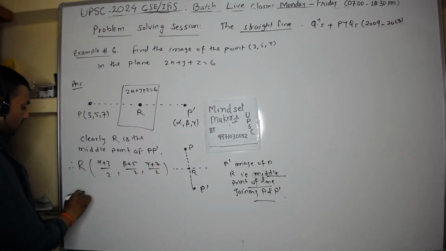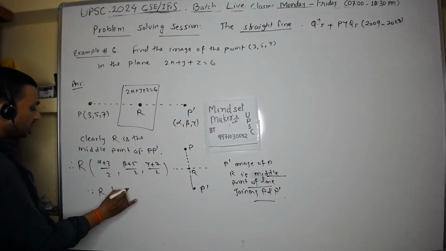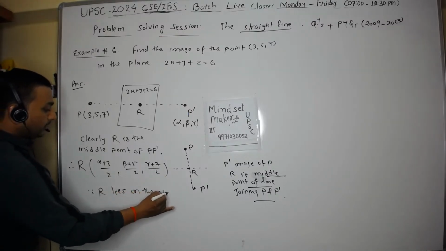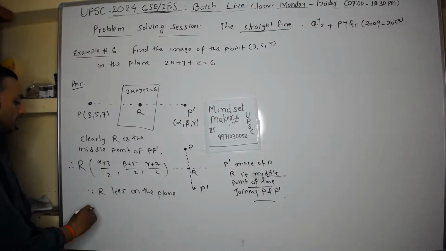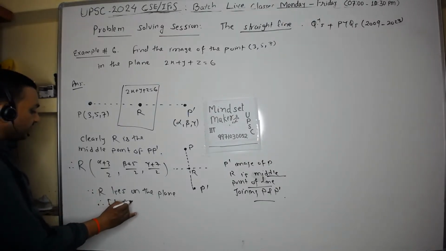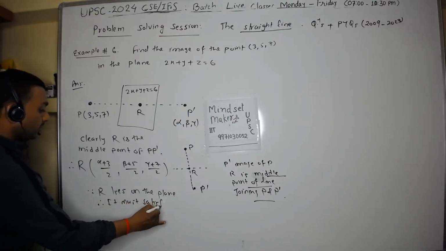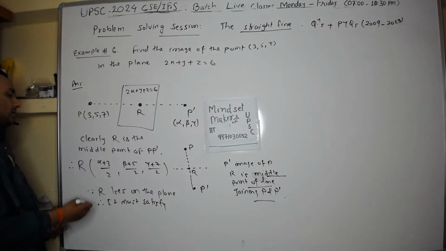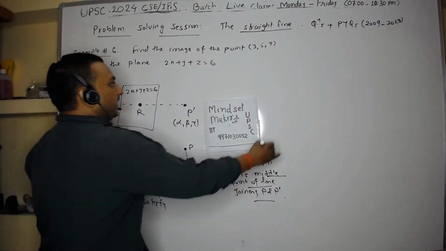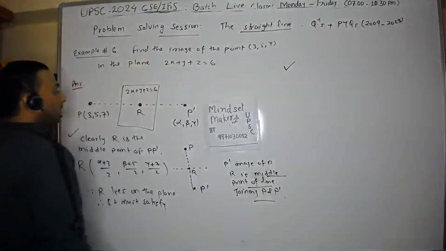Now watch, since R lies on the plane, right or not? If R lies on the plane, it must satisfy it. Say yes or no? It must satisfy. There can be different ways. One way I am telling you here, the other way I will also tell.